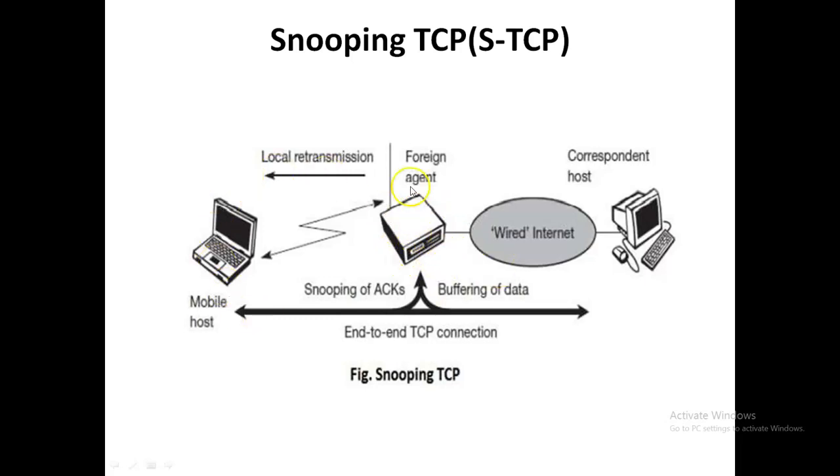Here the job of the access point is to store whatever information is sent from sender to receiver, and to snoop on the acknowledgement that is sent from receiver to the sender. Once the acknowledgement is not received from the mobile host, the foreign agent will retransmit the data to the mobile host. This is the workflow of snooping TCP.